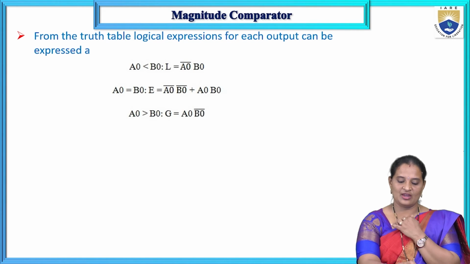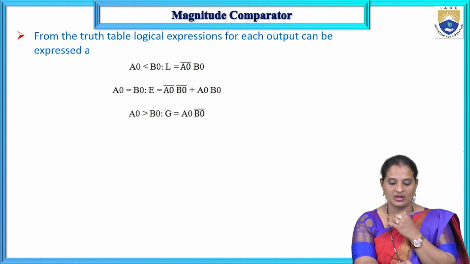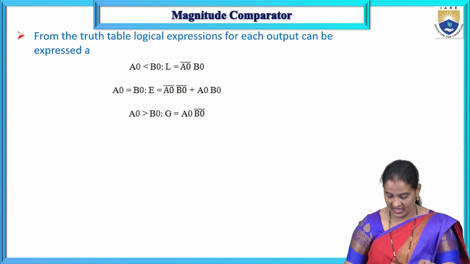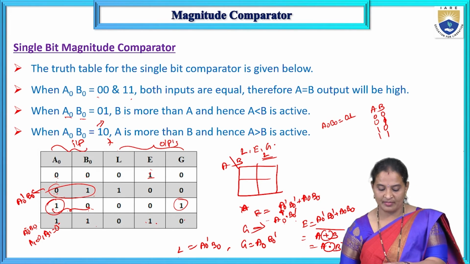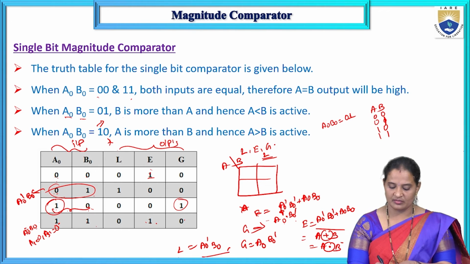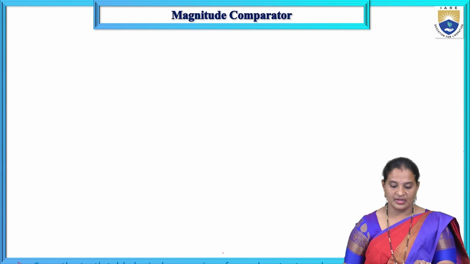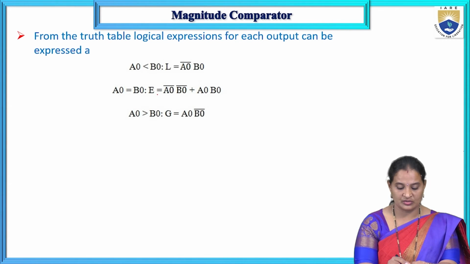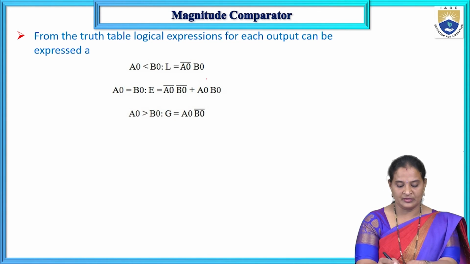Now A naught less than B naught, that is the L output, is 1 when A naught bar B naught. Now coming to A naught equal to B naught, the output E is A naught bar B naught bar plus A naught B naught.